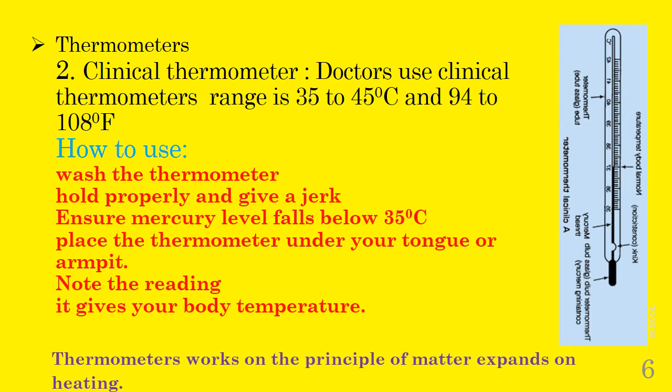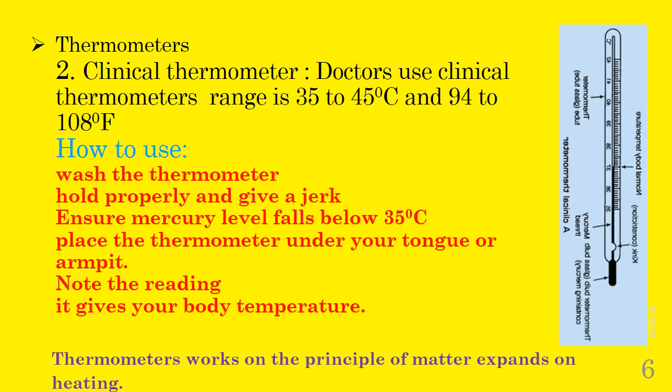Then you will place the thermometer under your tongue or armpit, isn't it? You will keep the thermometer under your tongue. For how many minutes? As I told you in the last class, 2 minutes. Yes, good. 2 minutes. And note down the reading. It gives you your body temperature, isn't it?